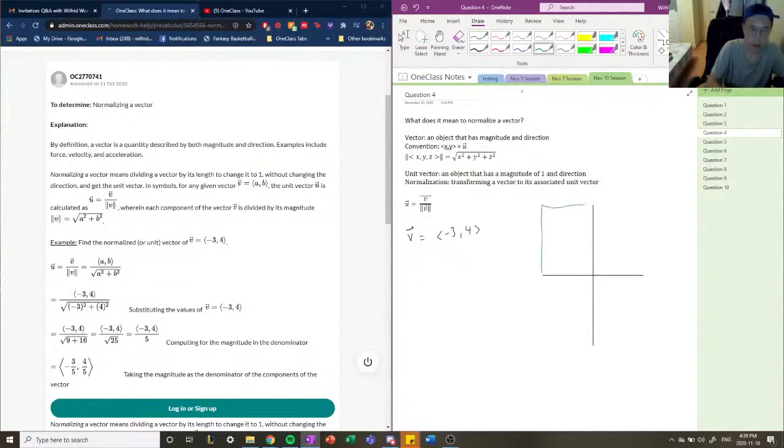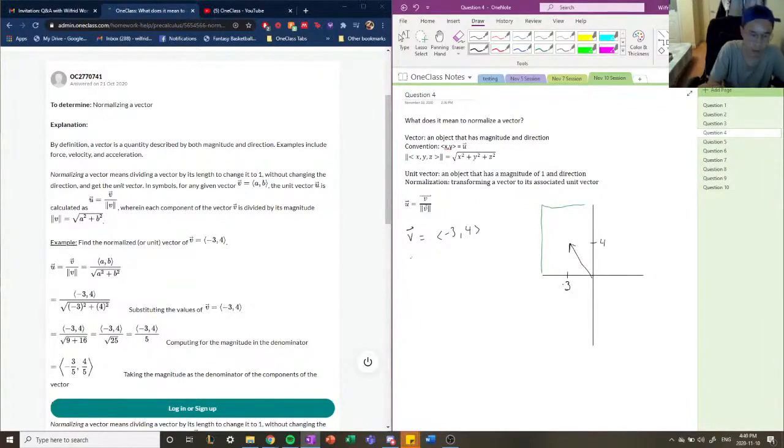Let's say this is -3, and let's say this is 4 up here. So the vector would look like this, sorry for my lines, I can't draw straight lines. It's pointing in this direction, and it has a magnitude which we are going to calculate now.